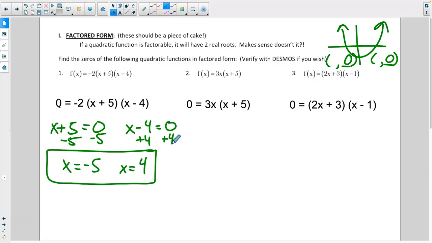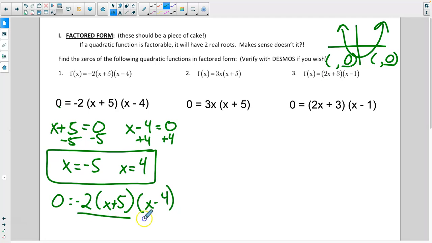Why don't you have to distribute for 2? Perfect question. I was waiting for someone. I even left some space down here for that. If I'm solving this, the first thing I do is get my x's as isolated as possible.